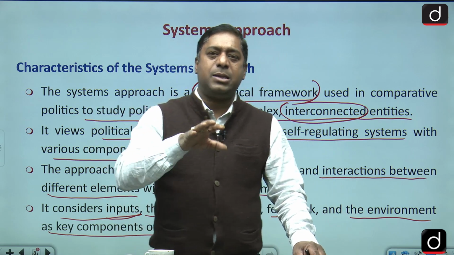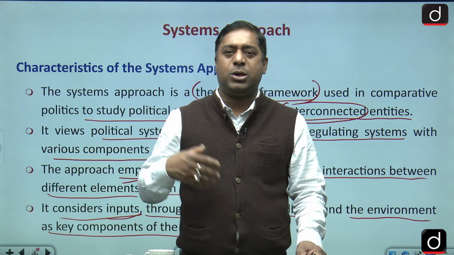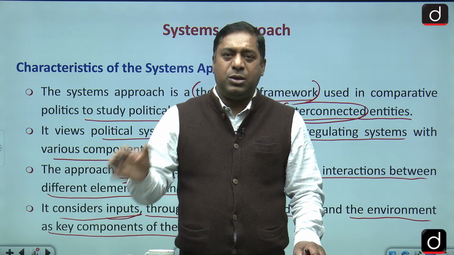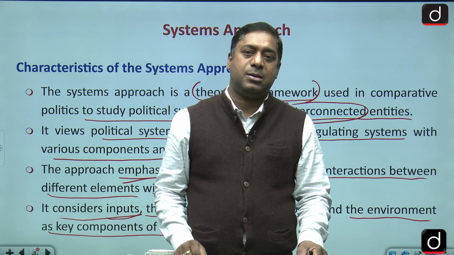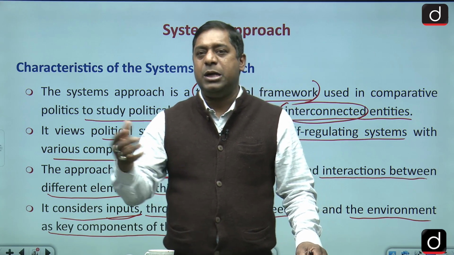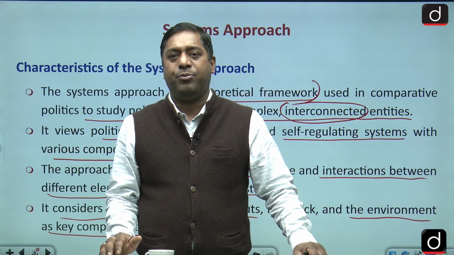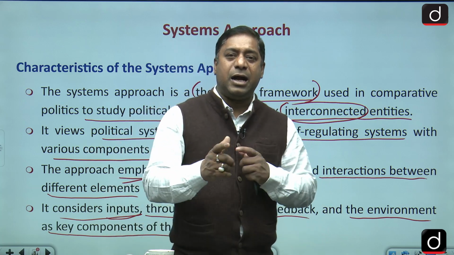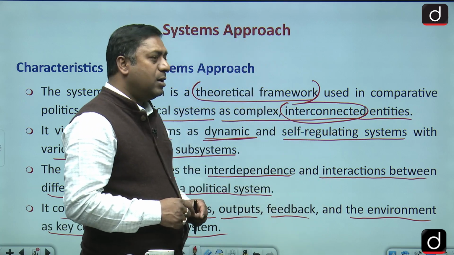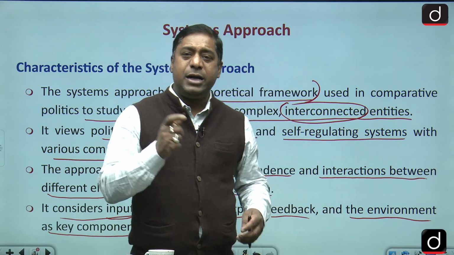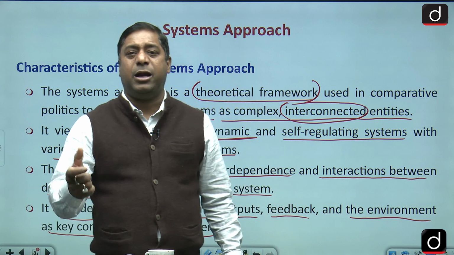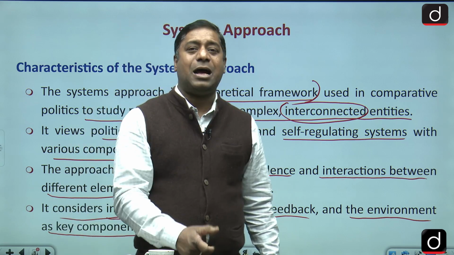Within that theoretical framework, there are various elements. Now these elements can be subsystems also, can be components also. Now within these elements, there is interdependence. That means everyone is interdependent with each other. Plus there is interconnectedness. And when there is interconnectedness, then there is interaction. Interdependence and interconnectedness result in interaction.